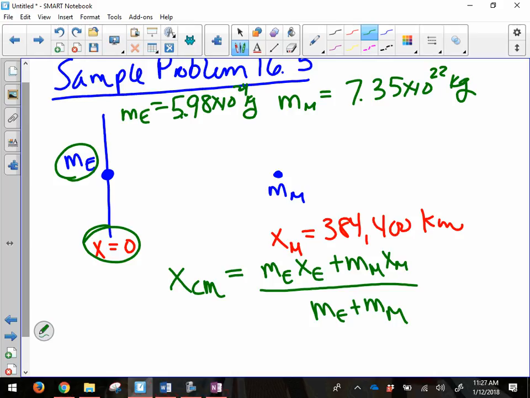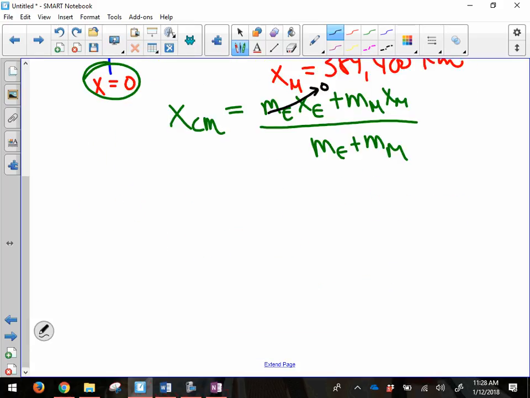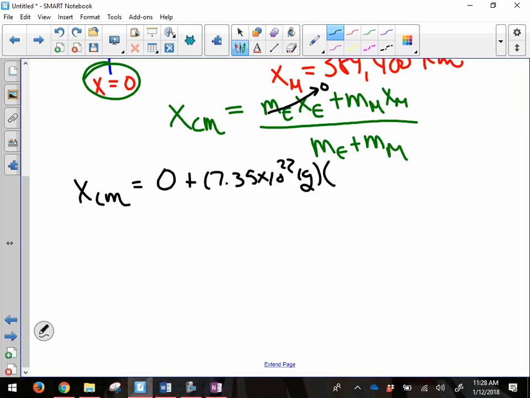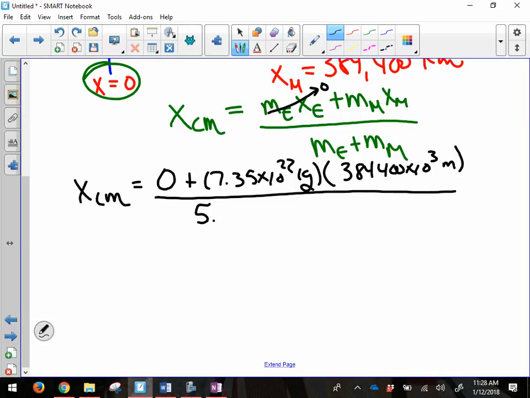Now, what's the x-coordinate for the Earth? 0. So that whole term there is going to go away. And then we can just substitute in. Make sure you convert your kilometers to meters.